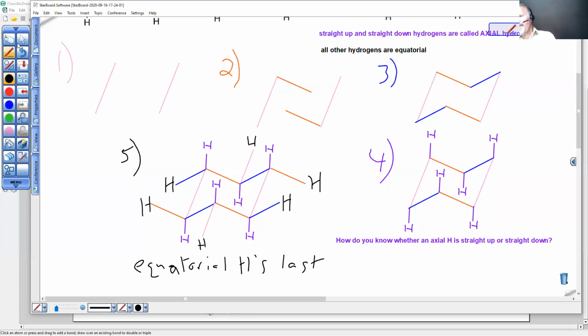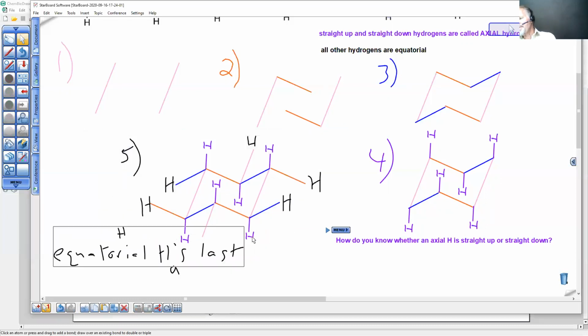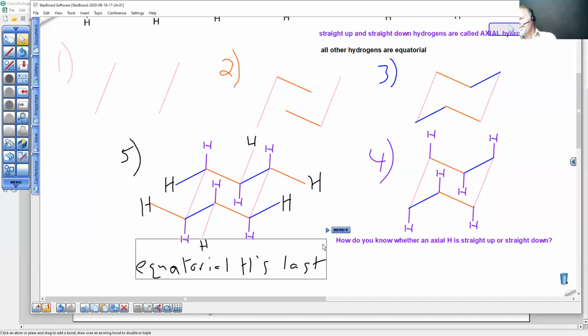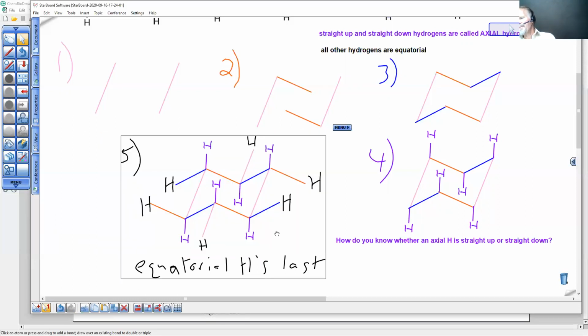So let's grab this chair here. I think I'm going to get a bunch of extra stuff. Yeah. Oh, well. Why don't we grab extra stuff? And moving on over here.